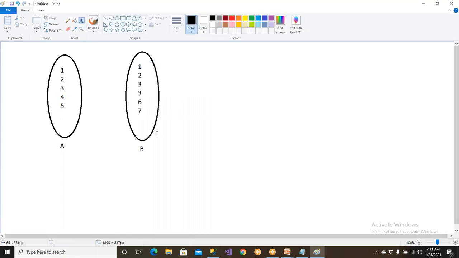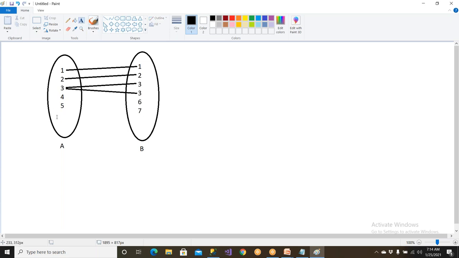This is my data. I have set A and set B, and I want to know the matching data. 1 and 1 is matching, 2 and 2 is matching, 3 and 3 is matching, and again this 3 and this 3 is matching. For 4 there is no matching element, for 5 there is no matching row, and for 6 and 7 also there is no matching element.